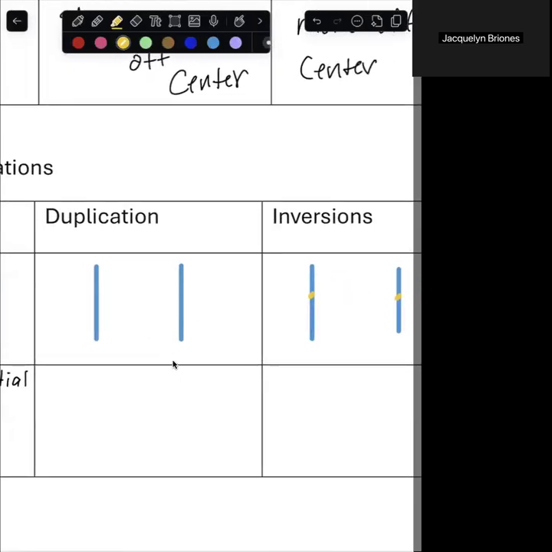Duplication, a portion of the chromosome is repeated due to misalignment during meiosis.